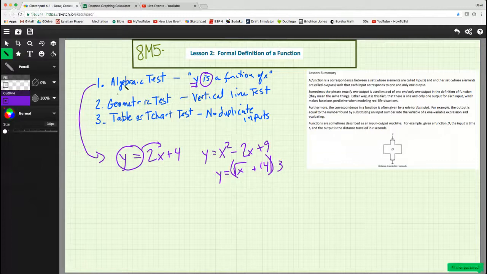That tells us we have a function. Effectively on the right side, if I plug in an x, I get out a y.